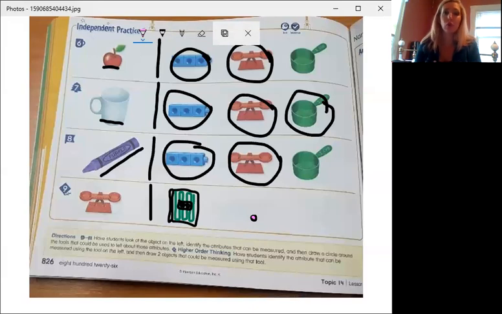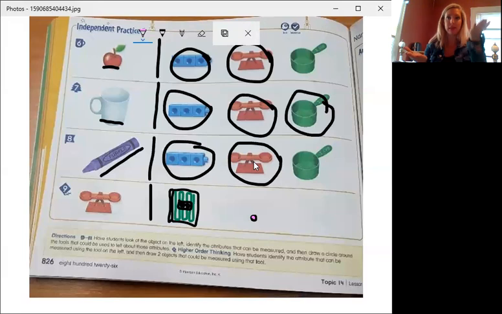All right, let's go over what we learned today. The cube train measures length, longer, shorter. Scale. The scale measures weight.